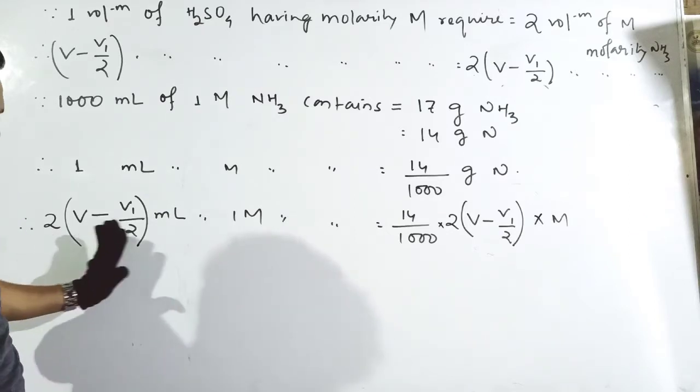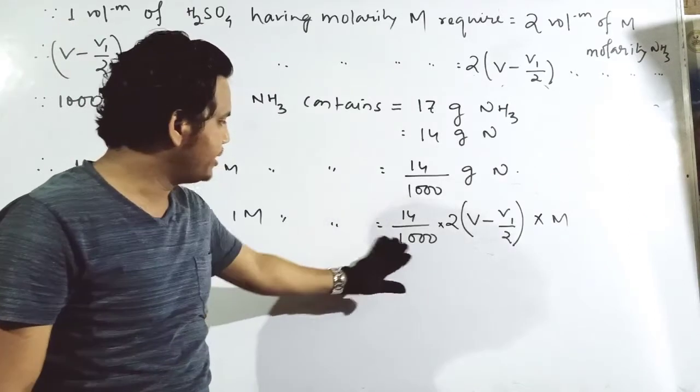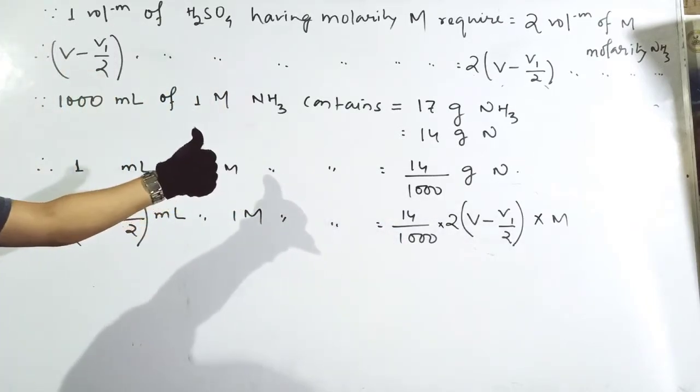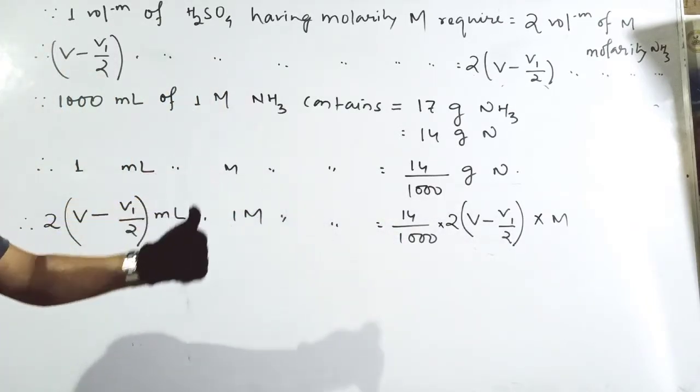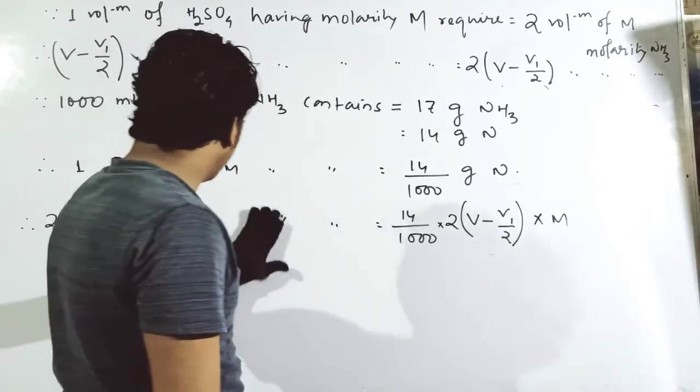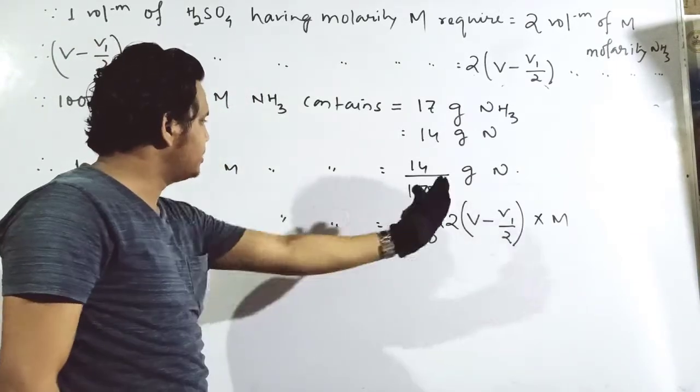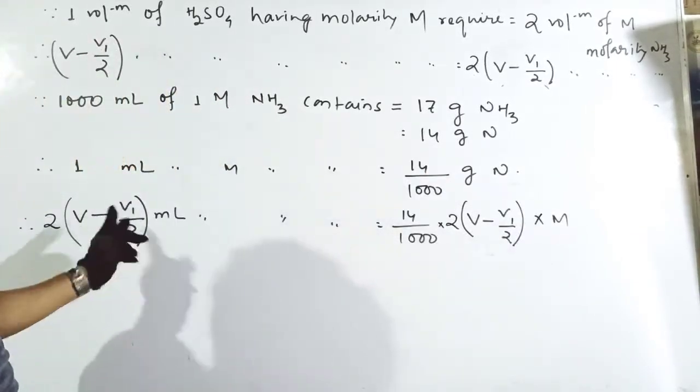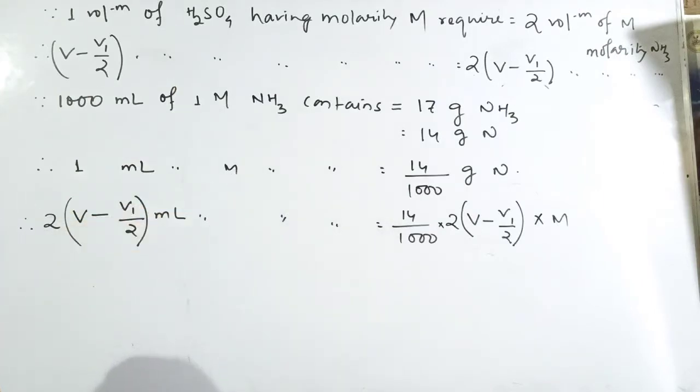So 2 times of this ml of 1 molarity ammonia will contain equal to this much; the molarity goes there.